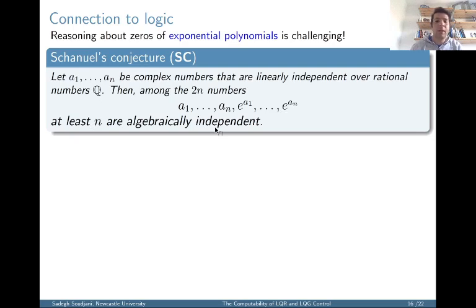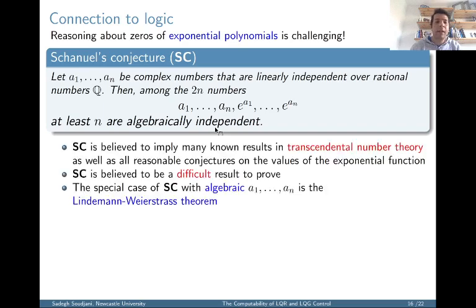We don't know if this conjecture is true or not, and it is believed to be a difficult result to prove, and it's believed to imply many known results in transcendental number theory, as well as all reasonable conjectures on the values of the exponential function. So this conjecture has a major role in the related literature.